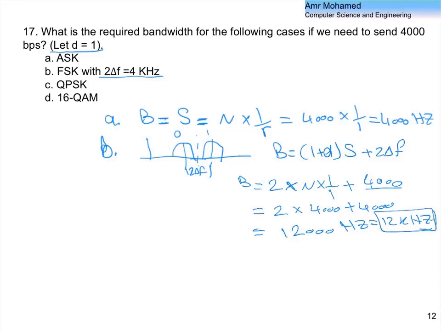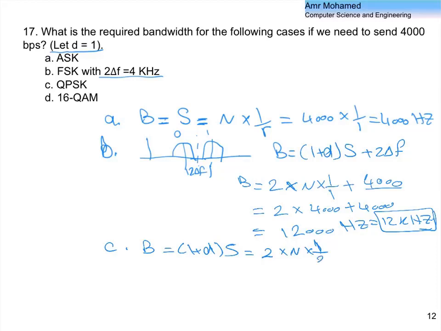Okay, so for C, the bandwidth for QPSK is (1 plus D) times S. There's no 2 delta F in that case, so this is 2, because D is 1, times N times 1 over R. R here, remember that R for QPSK is 2, because each 2 data elements are represented by one signal element.